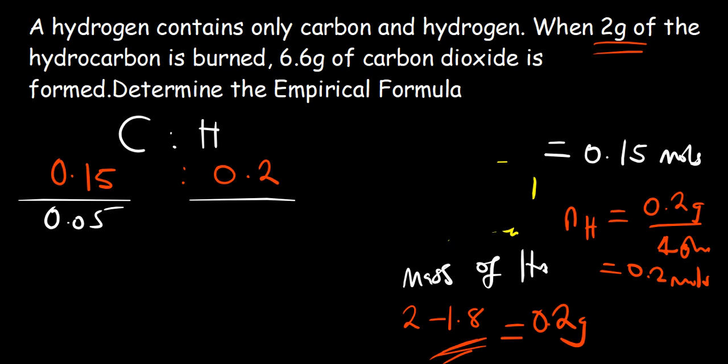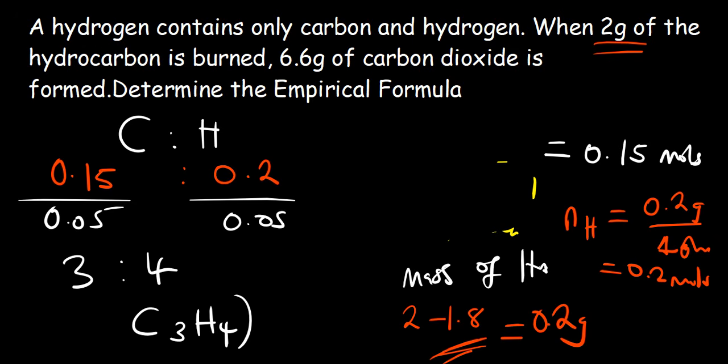Now this will give me 3. Now there's the other one, 0.2 divided by 0.05, it gives me a 4. Okay, so therefore the empirical formula for this one is going to be C3H4. However, if it was a molecular formula, you would have multiplied by the subscript, just multiply like that.